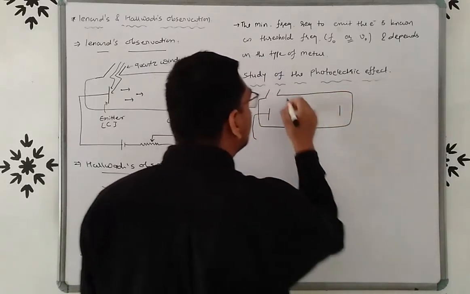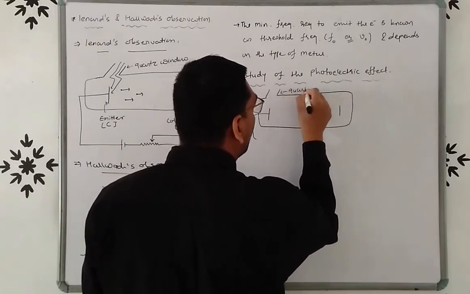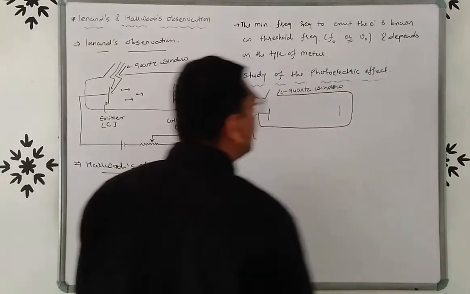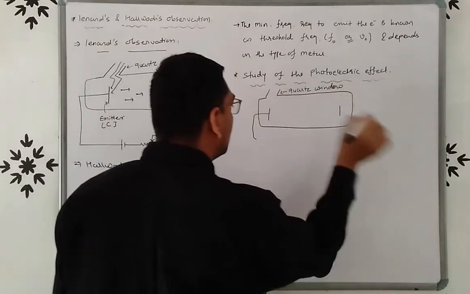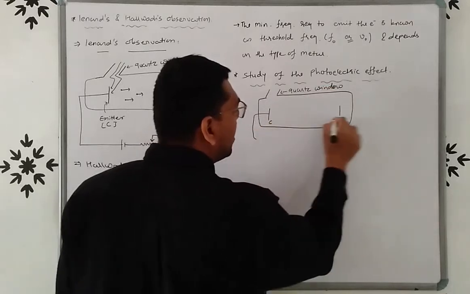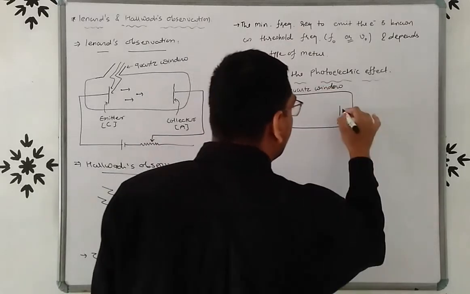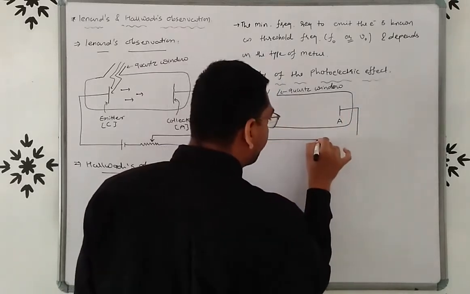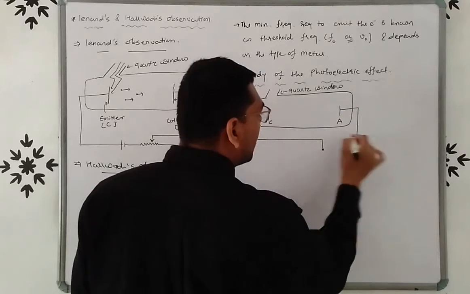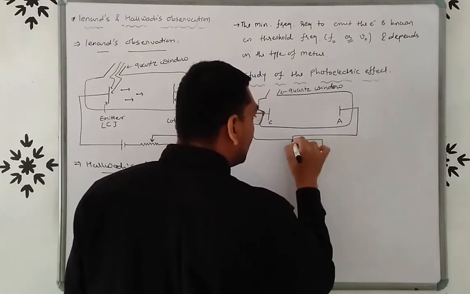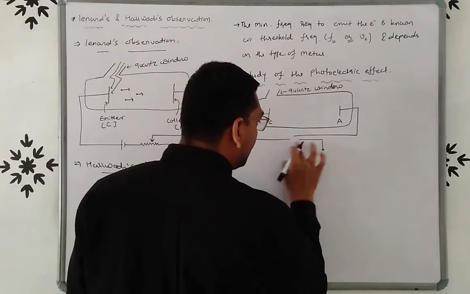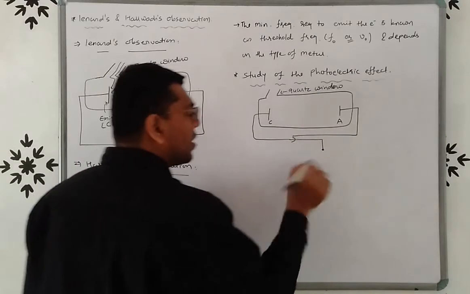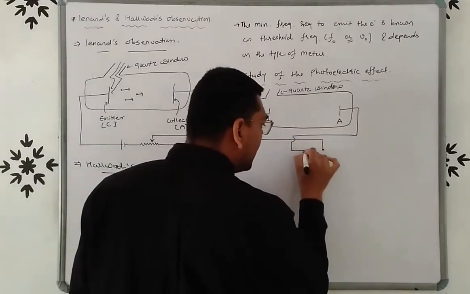This is the quartz window. This is the emitter and this is the collector, right? Now friends, these electrodes are connected to the commutator circuit through which we are able to switch the potential like this.